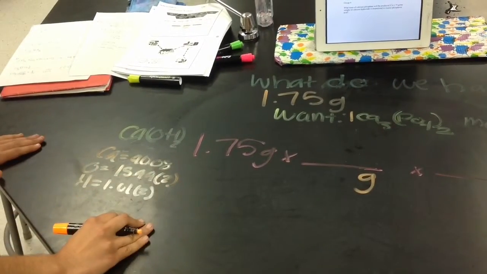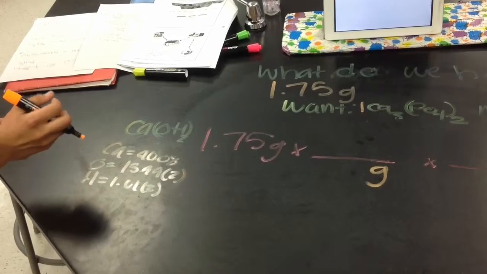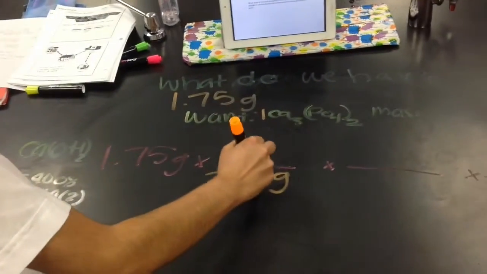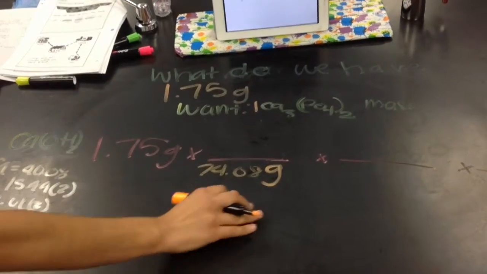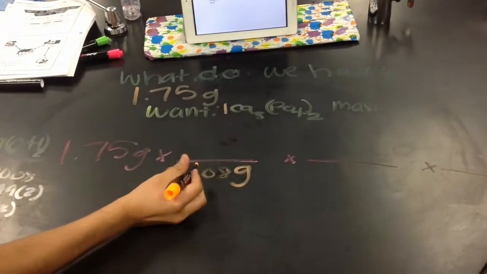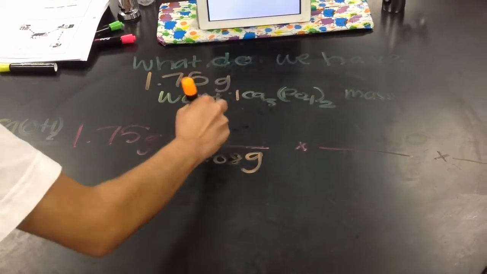Once you get these measurements from the periodic table, you multiply and then add all of them together. This totals 74.08 grams, and on top of this would be 1 mole, because this equals 1 mole of calcium hydroxide. So we have our 1 mole on top.